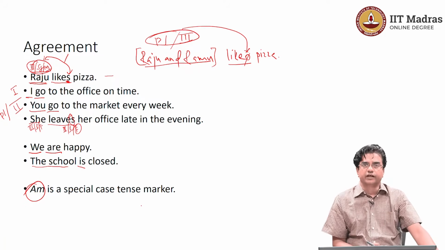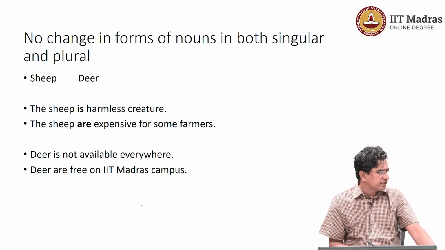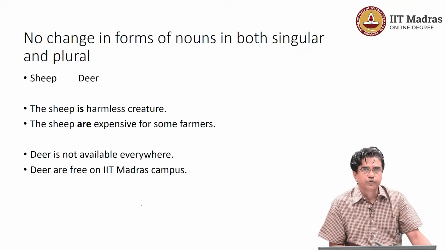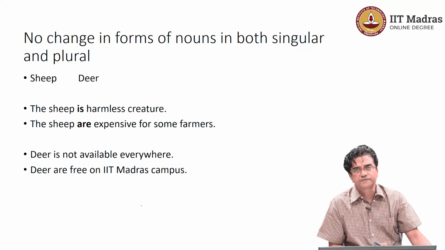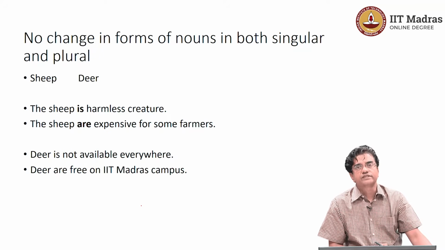So, now let us look at some of the things which can be seen as exceptions, but I invite you not to look at these things as exceptions, rather you need to see how the subject works.